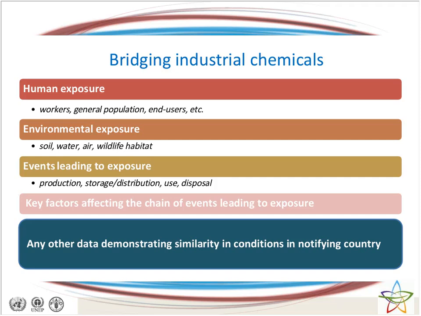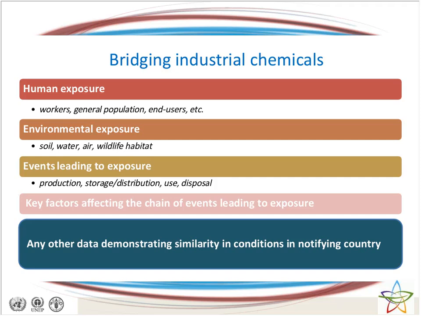For environmental exposure, it's very important to know the soil composition, how the underground or the surface water systems are affected by the industrial chemicals, if there is emission into air, wildlife, and the habitat.